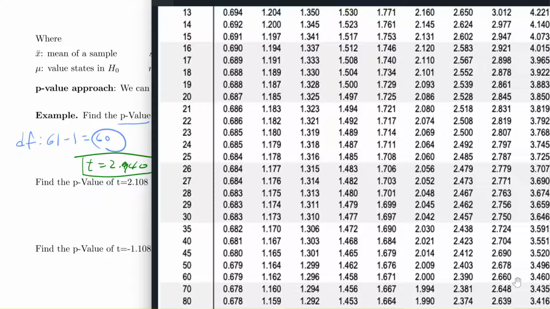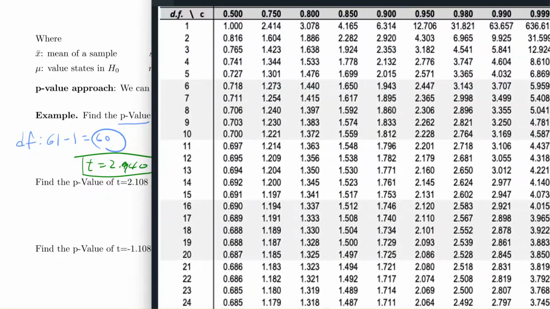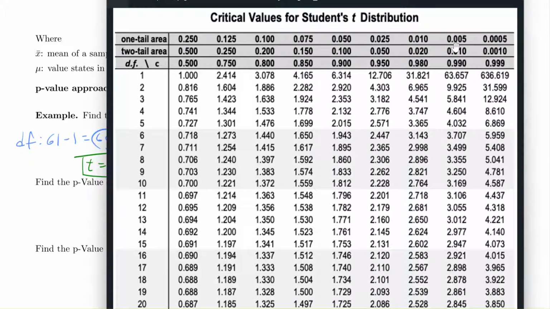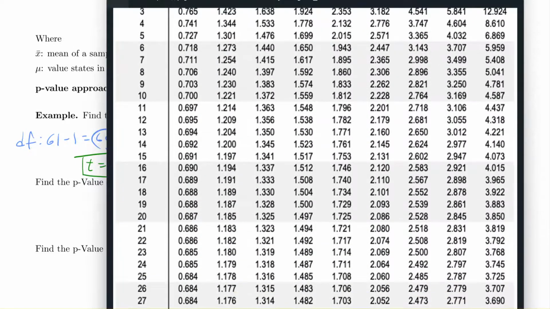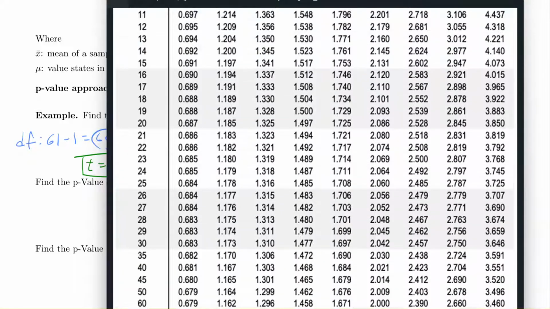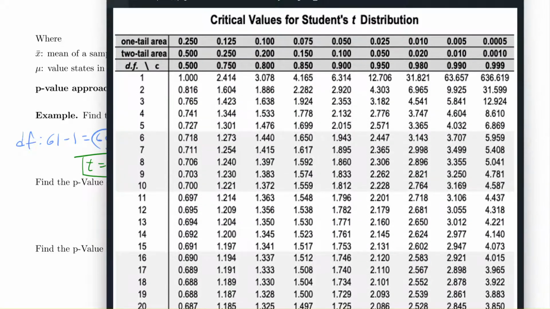Then we go up to see what the p-value is for each of these numbers. For 2.66, the p-value is 0.005. And for 3.46, the p-value was 0.0005. So that means the test statistic of 2.94 must have a p-value between these two values.